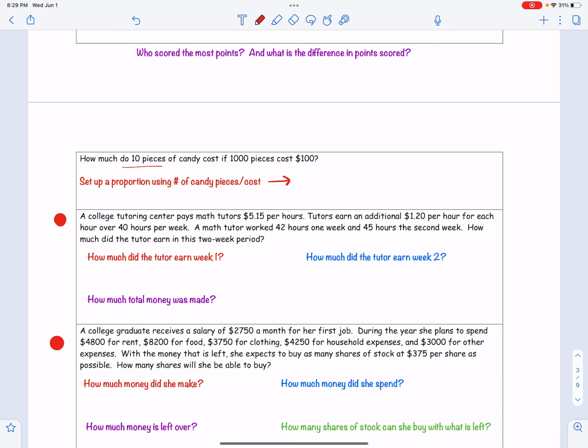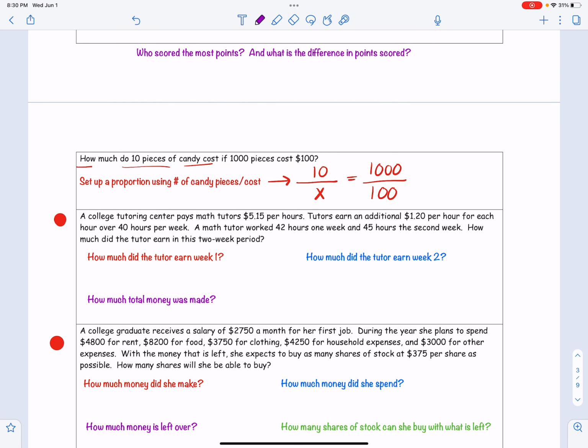The first thing I'm told is I've got 10 pieces, and I want to divide that by the price. For 10 pieces, we don't know that, so I'm going to make an X there. And then the other relationship given is for 1,000 pieces, and the price there, we know, is $100.